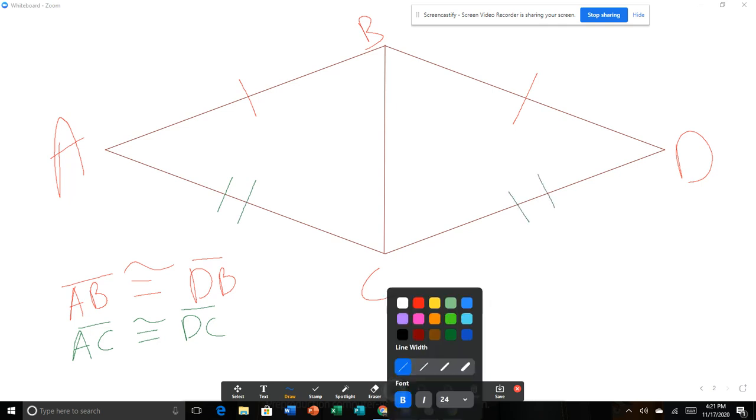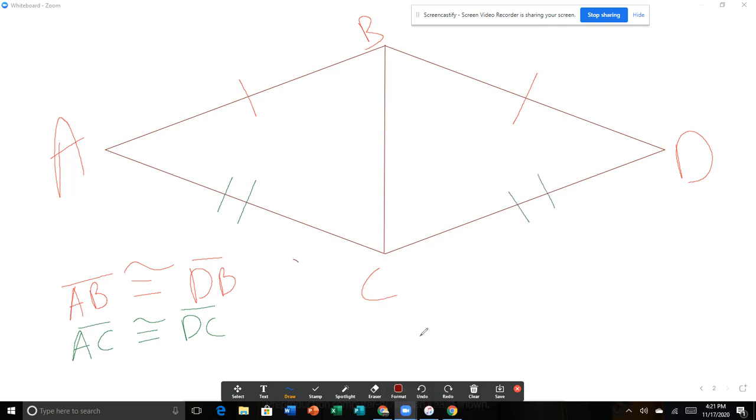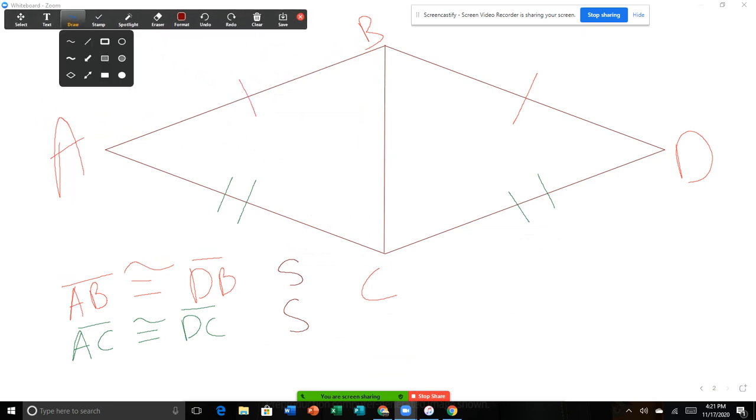Now, what I have so far in this situation is side. In order to prove that triangle ABC is congruent to triangle DBC, I'll need my third side. And I can get that third side by using what we call the reflexive property. Okay, this third side, I'm going to use the reflexive property.